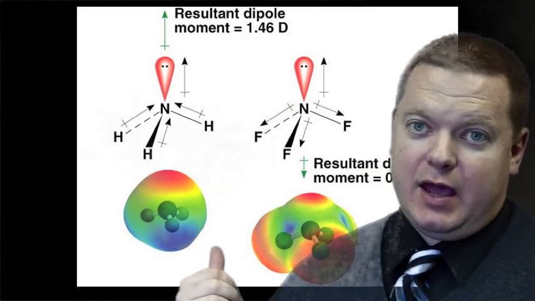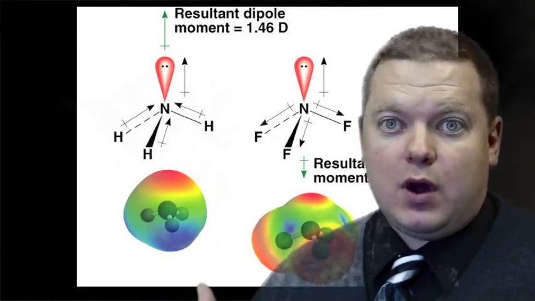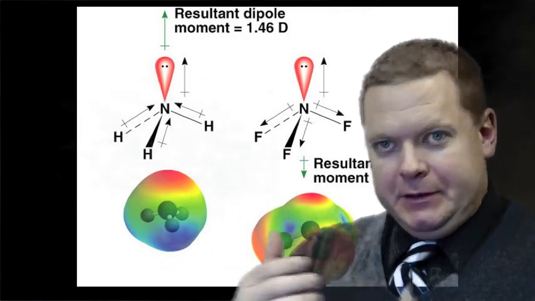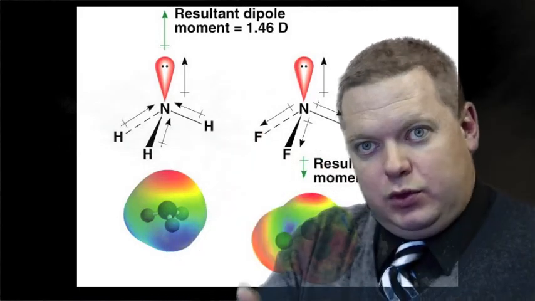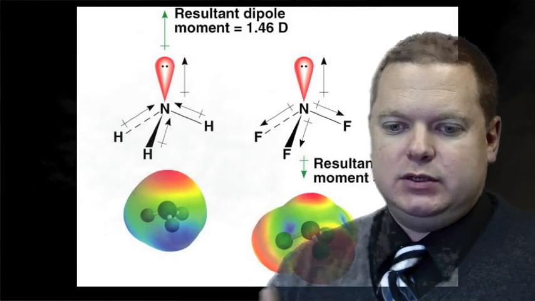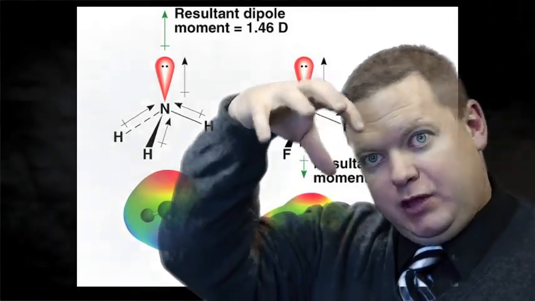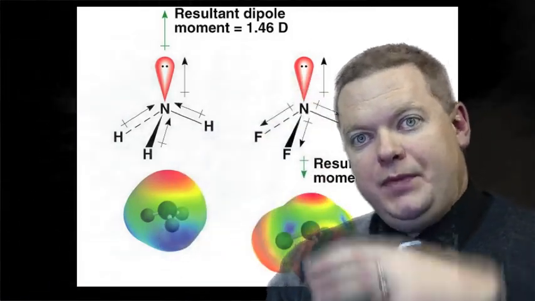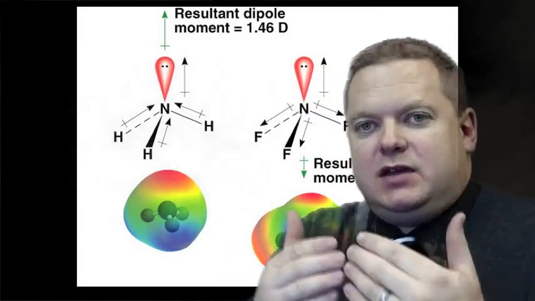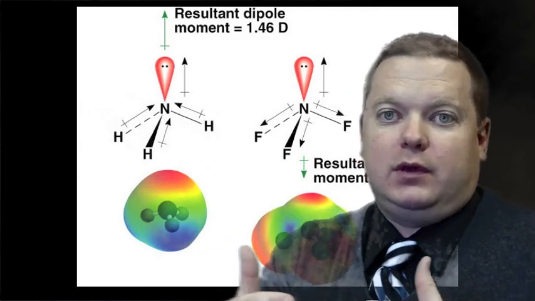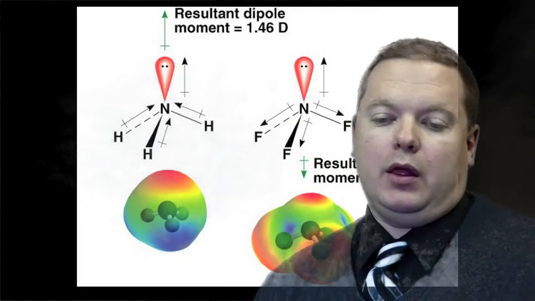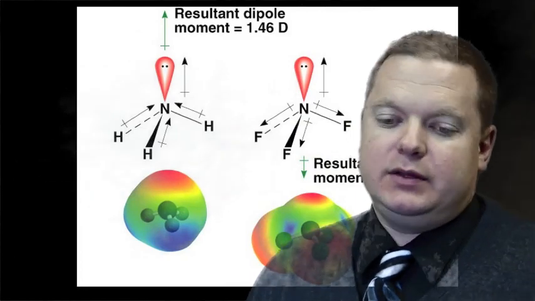If we change that to nitrogen trifluoride, where we replace those hydrogens with fluorines, now fluorine is more electronegative. Those electrons are going to be moving down towards those fluorines, so our dipole moment actually switches. The overall dipole moment is pulling electrons towards the bottom of the molecule, which leaves the top of the molecule partially positive. So we're going to extend this idea of polarity based on electronegativities not only across a single bond, but over the entire molecule to predict these structures.